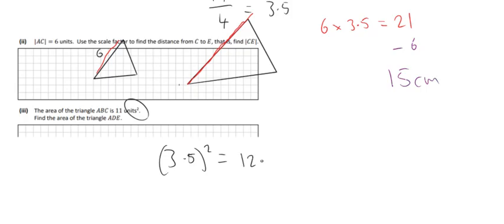So that's the scale factor then for the area, because we have to square whatever it is. And then if you just do 11 multiplied by 12.25, that gives us 134.75. And that's units squared.